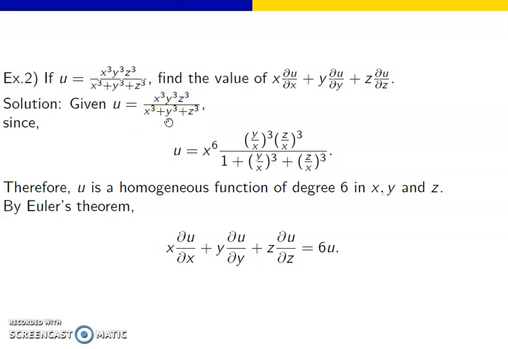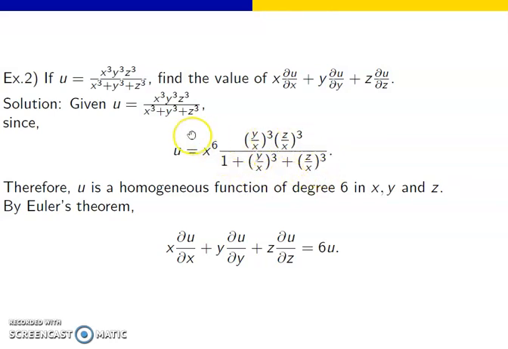So what can we do? If I take x cube common from the denominator, and there is x cube already, we get x to the power 6, (y by x) cube, (z by x) cube, upon 1 plus (y by x) cube plus (z by x) cube.